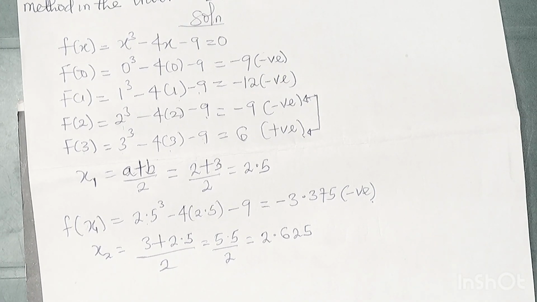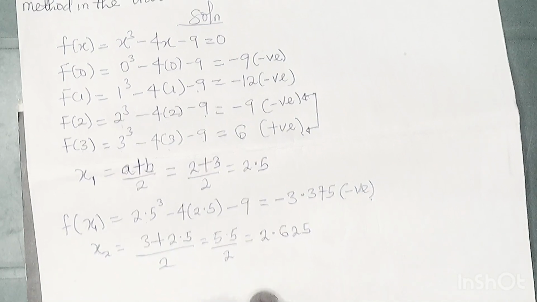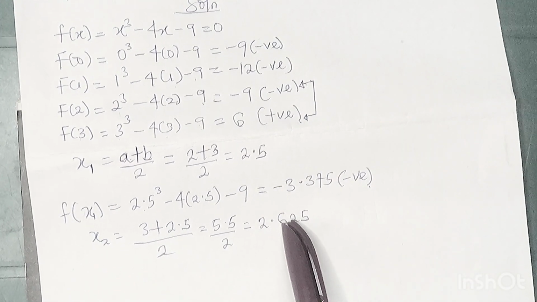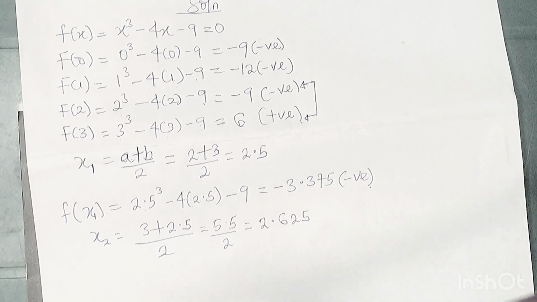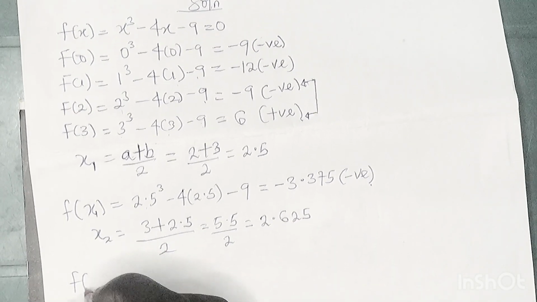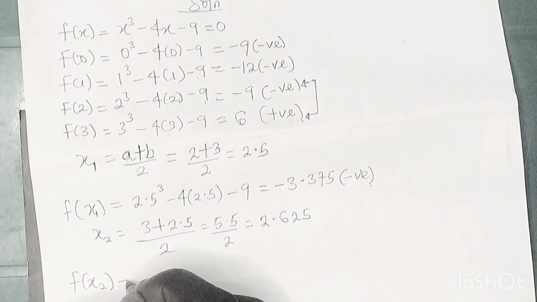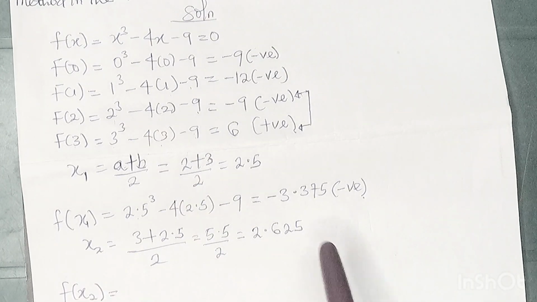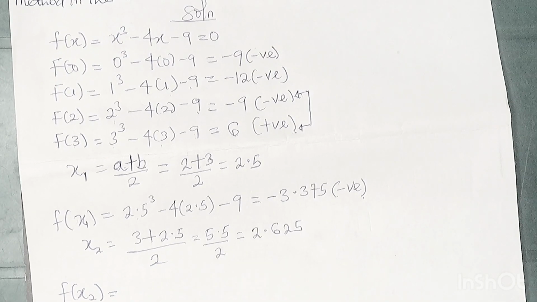The question says up to the fourth stage. Now, I need to do x3. But before I get x3, what do I need to do? I need to do f of my x2. So, my f of x2 will be what? Anywhere I see x in the question again, I'll put 2.625.